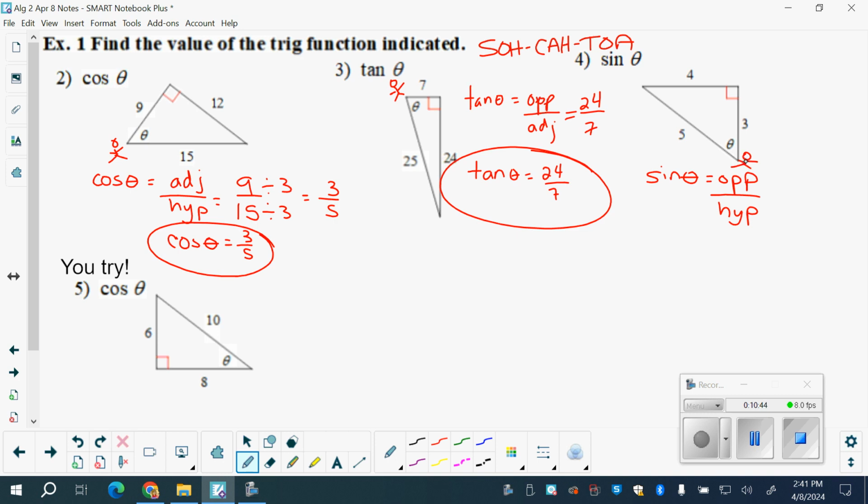So we're going to draw our little person right where that angle is. So Emma W, what's opposite from that? Good. And what about the hypotenuse? Yep, so 4/5 would be sine theta.